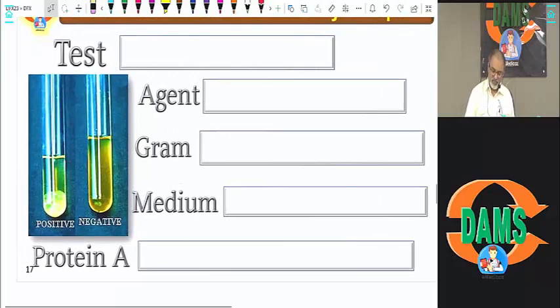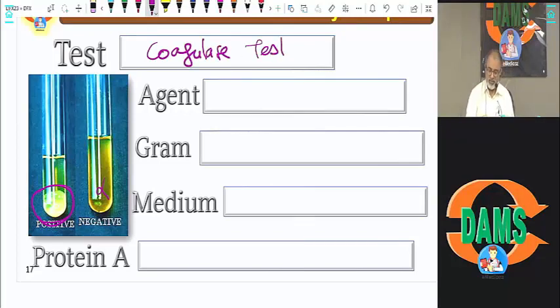What is the name of the test? Here, a solid formation, here it is not there. This is a very famous test which differentiates Staphylococcus aureus from others: the coagulase test.